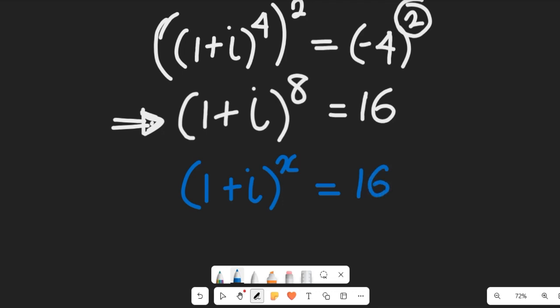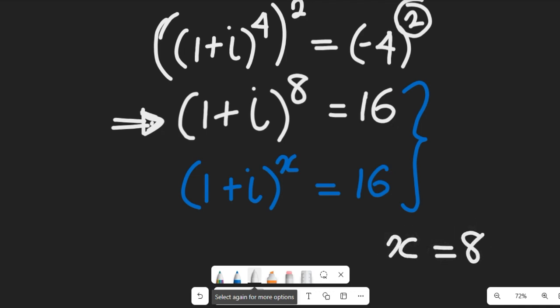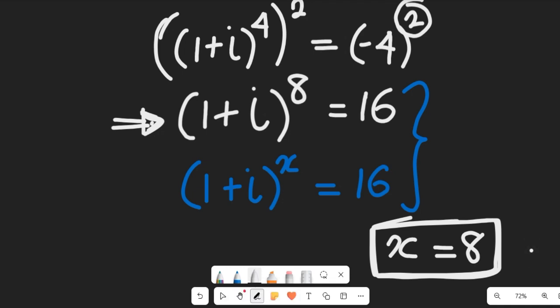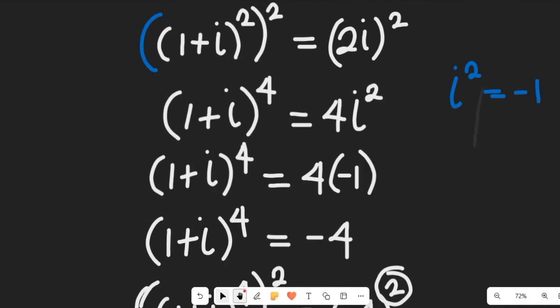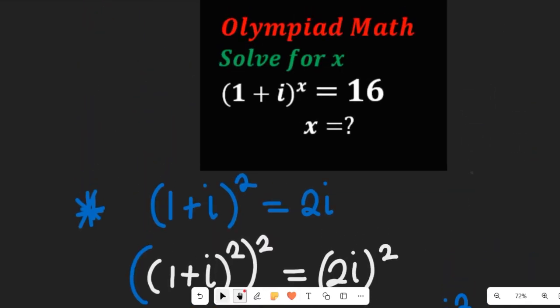So if we compare these two expressions, you see that the value of x is simply equal to 8. And that is the solution. That was fast, right?